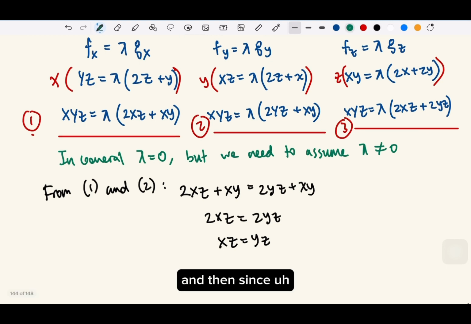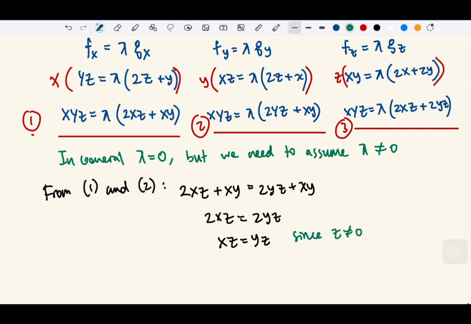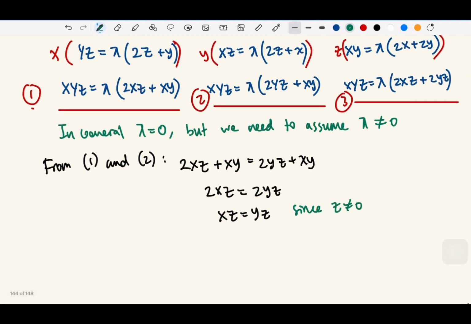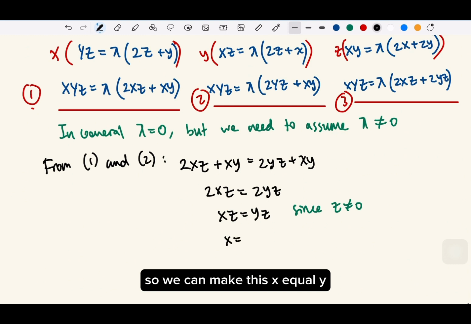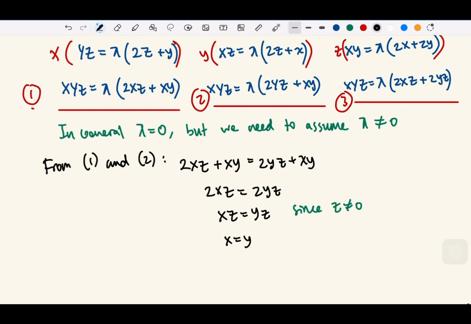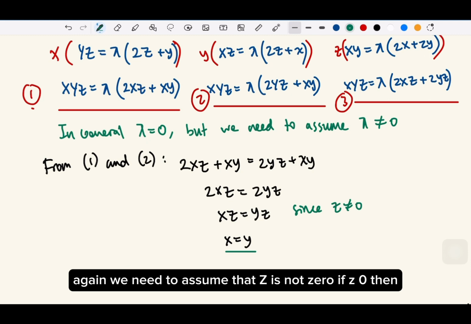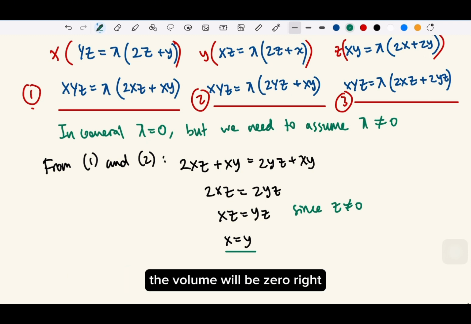And then since z is not 0, we can make x equal to y. Again, we need to assume that z is not 0. If z is 0, then the volume will be 0, right?